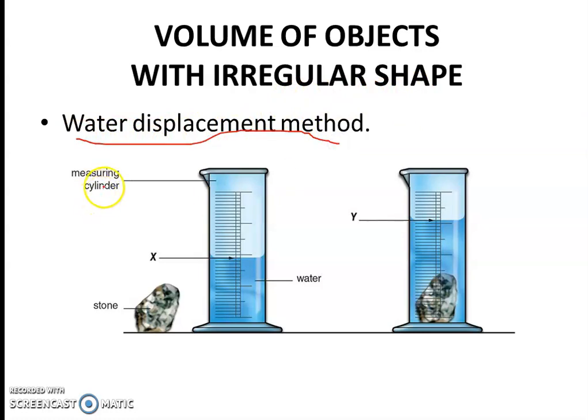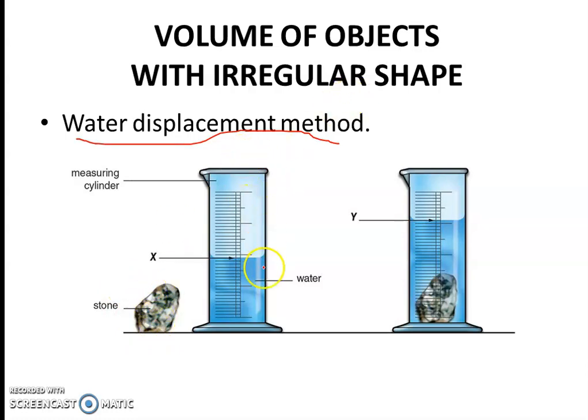We'll take two beakers having markings in them. The first beaker we will fill with some water and the second beaker also we will fill with the same amount of water. Now we are going to find the volume of an irregular shape, say this stone. So we have to find the volume of the stone.